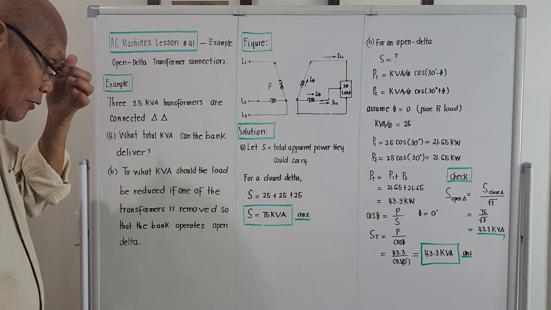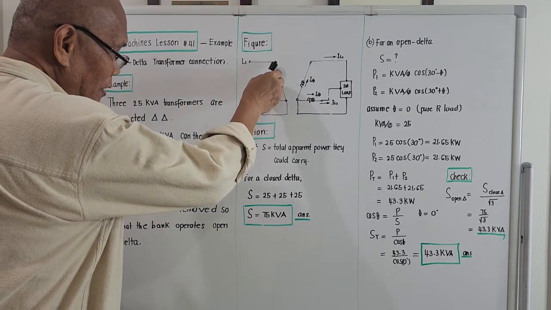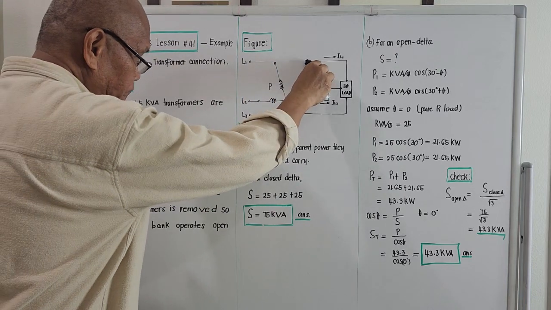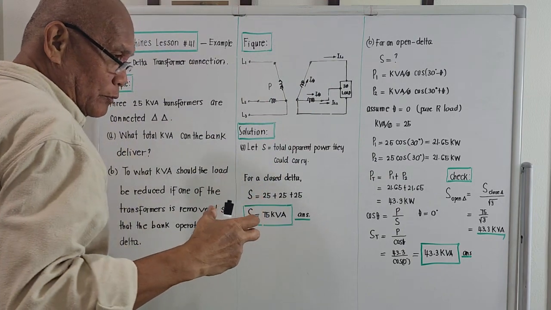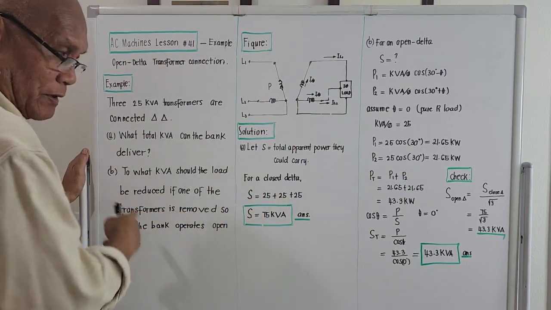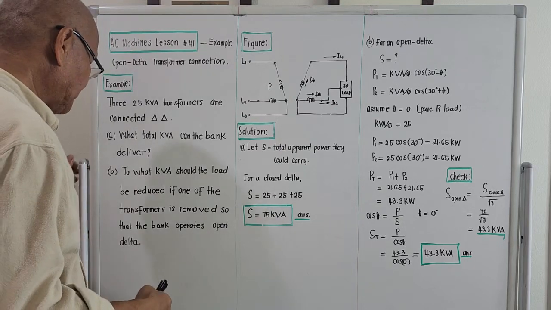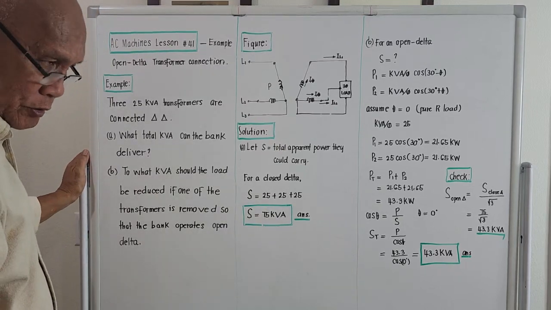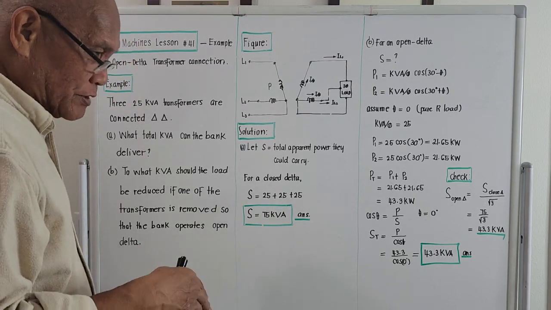Let's try to bring out the figure. Originally, the connection was a closed delta. When it reaches letter B, one of the transformers is removed due to maybe a problem.